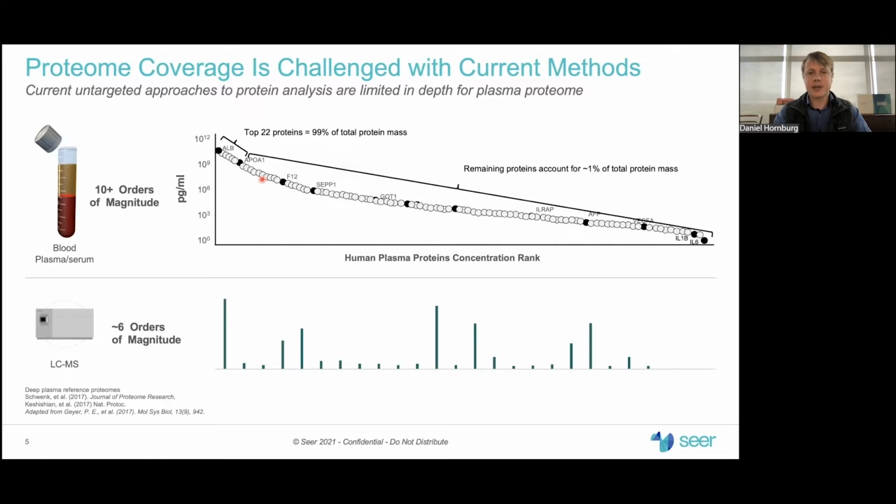And that comes with a big challenge because most mass spectrometers that are used in unbiased proteomics are having a limitation in terms of the dynamic range that they can see. And with some tricks, you may get it to 6 orders of magnitude, but that is not capturing the entire dynamic range of biology in complex biosamples like plasma. And many of the interesting proteins, like the cytokines down here, are really hard to detect.